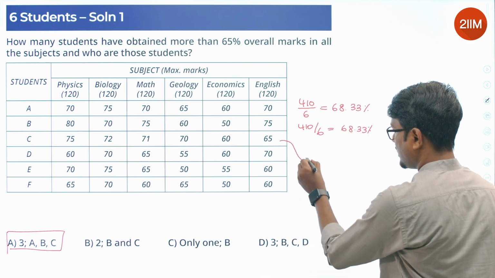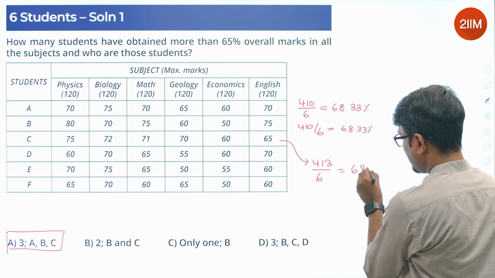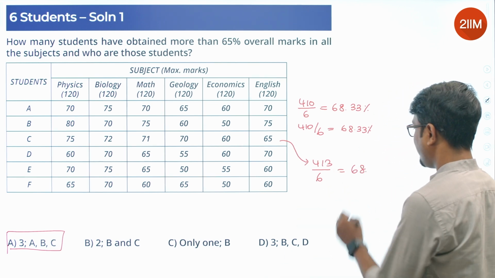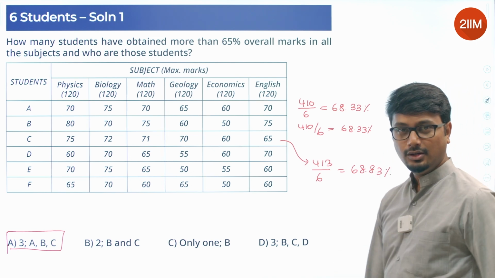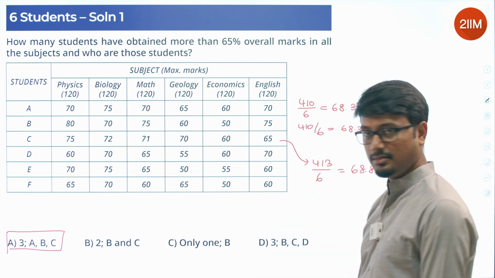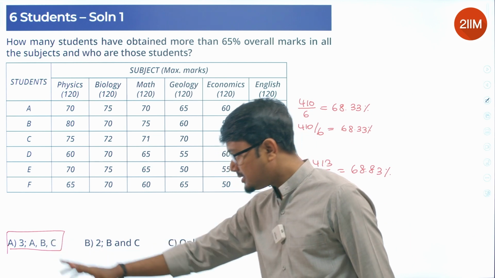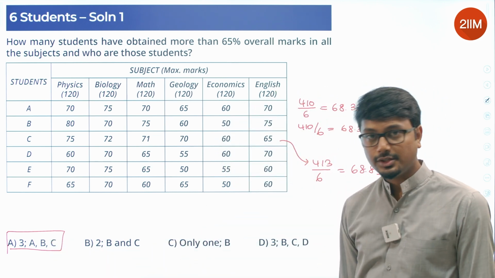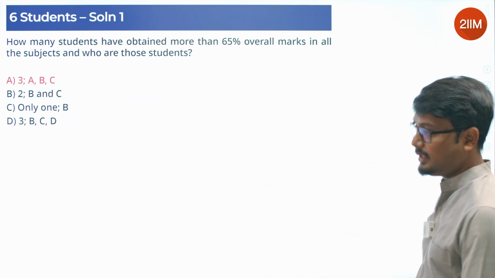So for C it is 413 by 6, 68 point something, the percentages are around 68. We got this value for A, B, C, so those 3 people got percentages beyond 65 percent. First answer, we'll check: yes, A is the right answer.